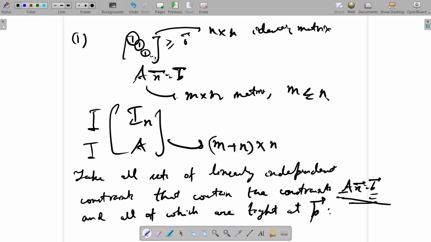Now what you want to figure out is, you want to take all these additional sign constraints here which satisfy equality at this chosen point P. This is the point P you started with. And what does this mean, all of which are tight at P? That just means that you're choosing those constraints where p_j is equal to 0. You're choosing those j's where p_j is 0. That's what tightness means here. In this inequality constraint, you're satisfying equality.